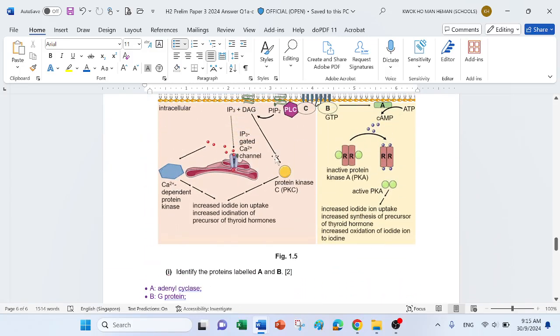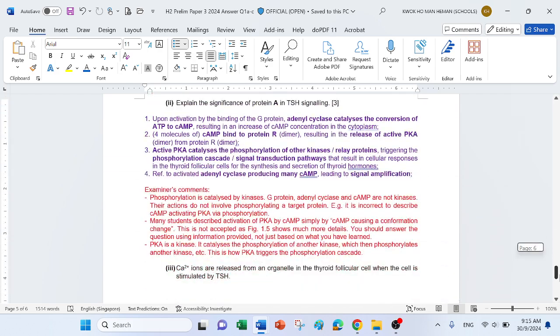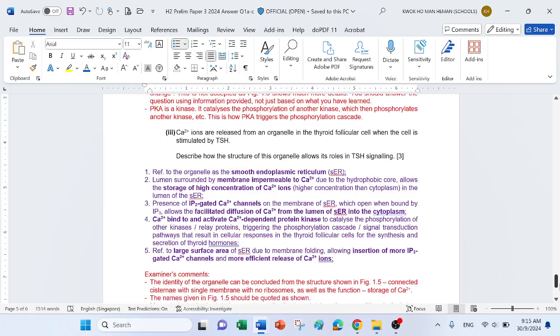So when you are naming this structure, you should follow what is given in the information. For those who just mentioned channel, calcium channel, I did not credit you. You should cite the full name as given: IP3 gated calcium channels.